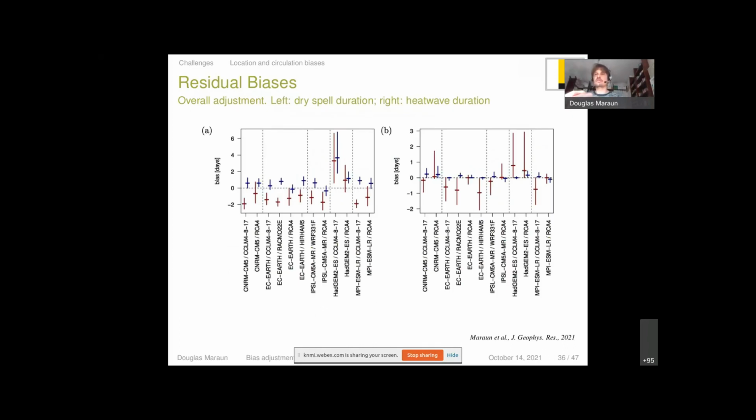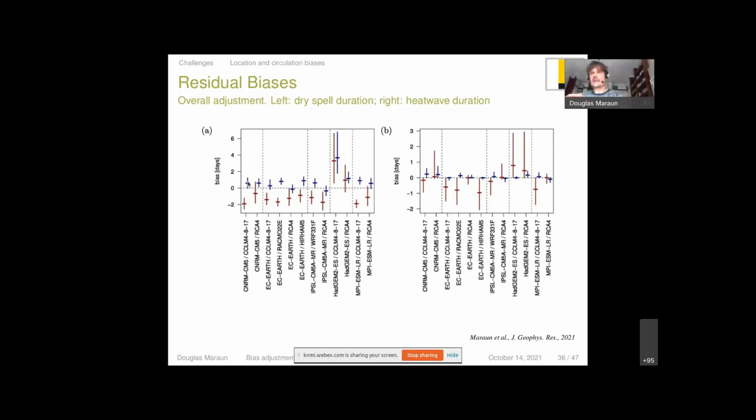And here we did a similar study, but now for spell durations. If you do a bias adjustment which doesn't adjust the temporal structure, then you might argue that it may adjust your individual values on each day, but it doesn't adjust, let's say, dry spells or hot spells, heat waves. And this is now for different models here. And here is the dry spell duration, and red means prior to bias adjustment, and blue means after the bias adjustment.